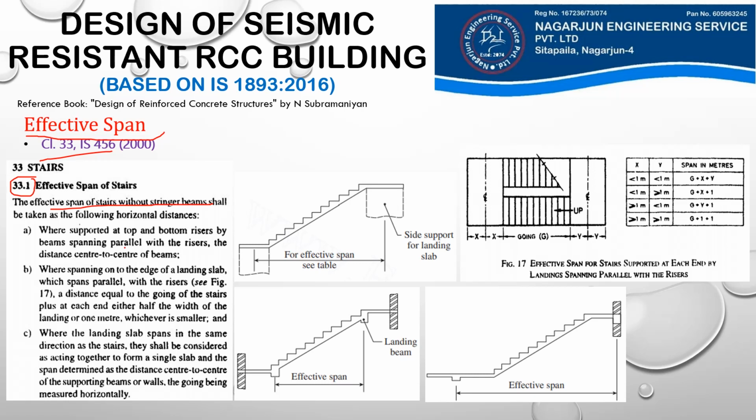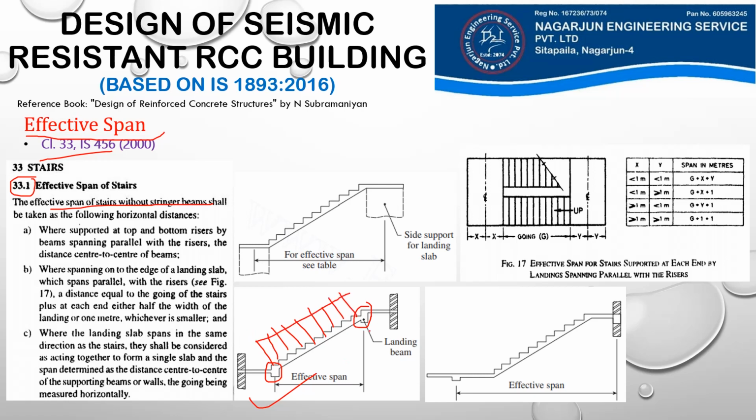That means, if you look at this diagram here, this staircase is supported at the top and bottom riser. Here we have the bottom riser and here we have the top riser. So in these cases, where our staircase is being supported by beams at the top and bottom riser, remember that these beams are spanning parallel to the riser because the width of our staircase will be in this direction and these supporting beams will also be in the same direction.